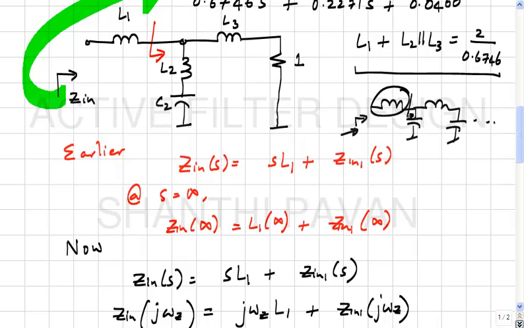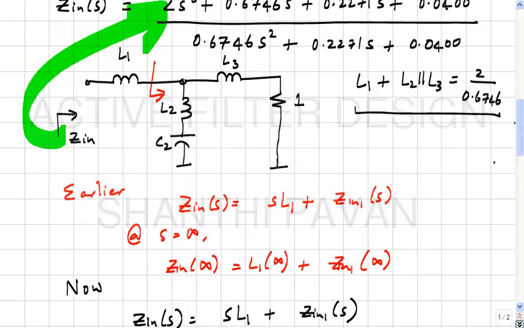Now what is the difference? Now all that is happening is that the zero is not happening at s equal to infinity, but at some finite frequency which we know to be equal to plus minus j omega z, which is plus minus j2 by root 3.